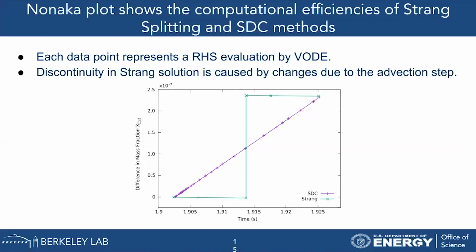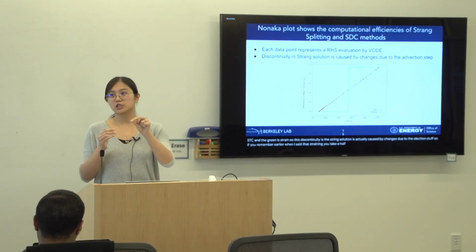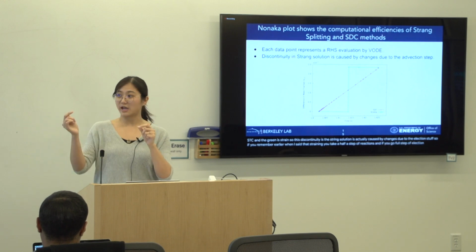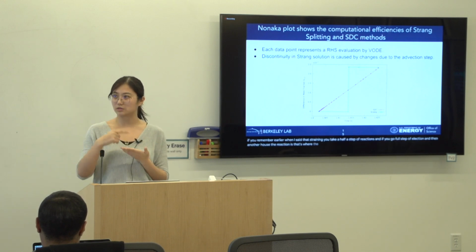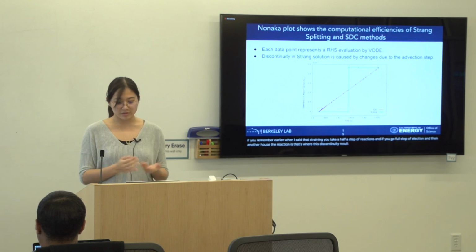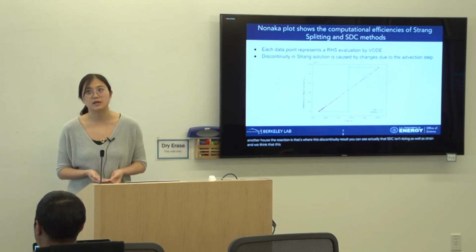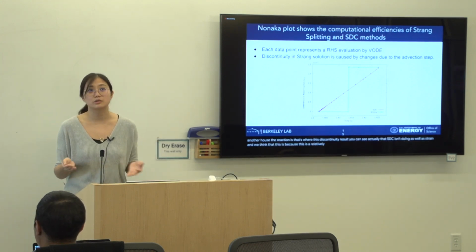This discontinuity in the Strang solution is caused by changes due to the advection step. If you remember earlier, with Strang you take half a step of reactions, a full step of advection, and then another half step of reactions. That's where this discontinuity comes from. If you look at this result, you can see that SDC isn't doing as well as Strang. We think this is because this is a relatively simple reaction network.